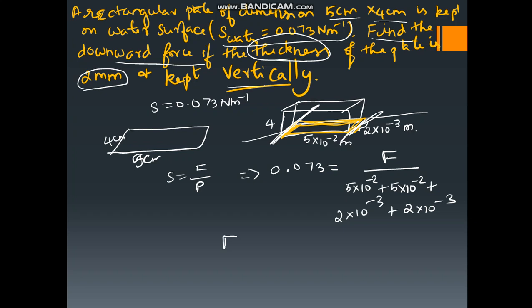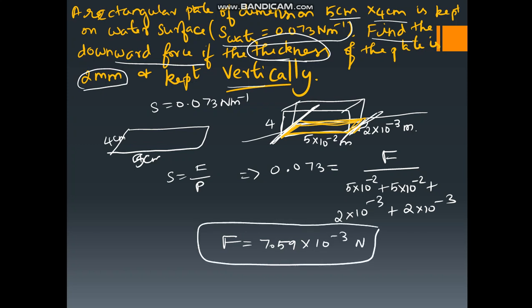So the force comes out to be 7.59 into 10 power minus 3 Newton. This is the downward force acting on the rectangular plate.